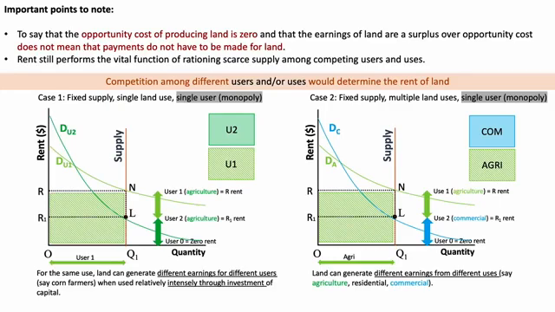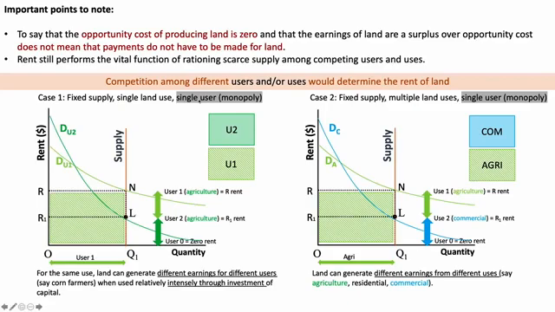I think it will become more clear as we move forward. So let's look at case 1. I'm assuming here that the supply of land is fixed, which is Q1 on the x-axis. We are also assuming that land can be used only for one use or one purpose, which is agriculture in this case.